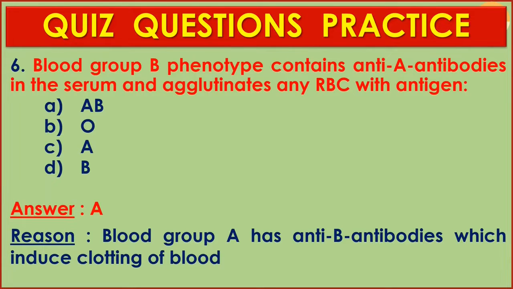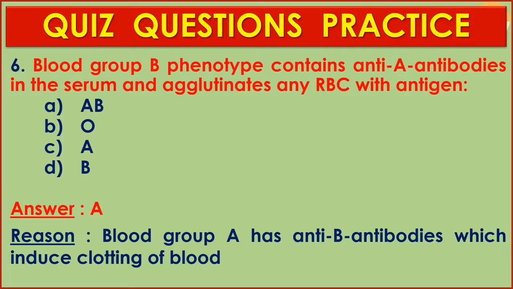The reason is that every person has opposite antibodies in his body in relation to his antigens. For example, if a person has blood group A, then he must have the opposite antibody, which is antibody B. Or if a person has blood group B, then he must have antibody A. So in this case, a person has blood group B and he contains anti-A antibodies in the serum.